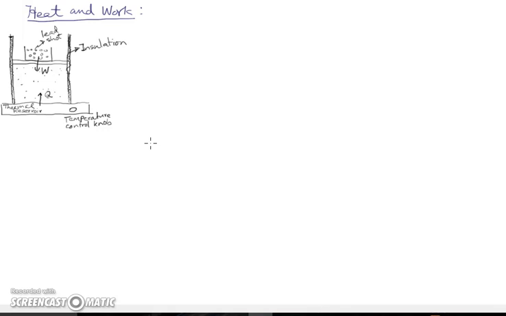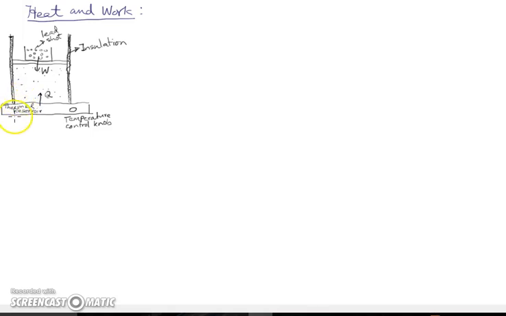Let's take a system. I'll consider our system of gas contained in a cylinder with a movable piston, and on top of this piston you have some lead shot. The walls of the cylinder are insulated, so no thermal energy, no heat, can enter or exit from this system.